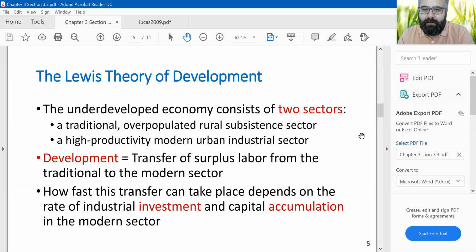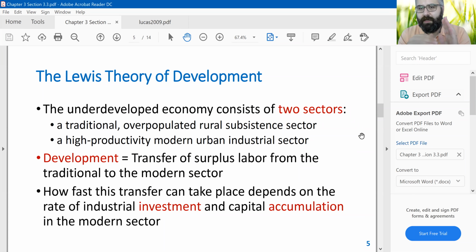Now the pace of development in this model depends on capital accumulation, obviously, okay? Because if capital accumulation in the manufacturing sector or the urban sector is fast, if it is strong, then productivity will increase in that sector, right? Or even with fixed productivity, labor demand will increase.